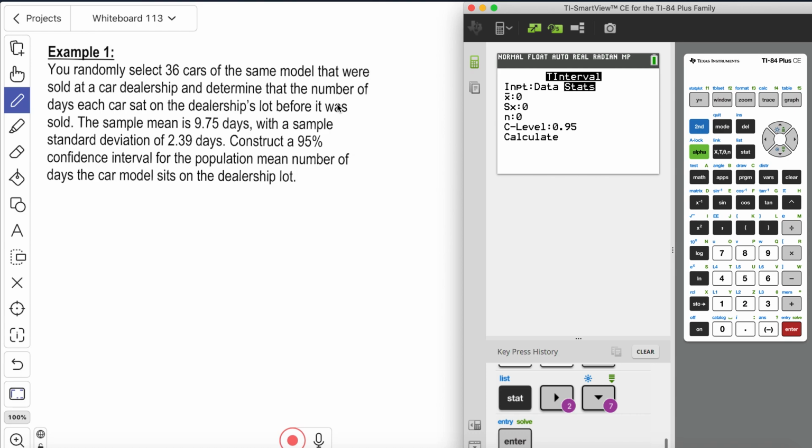So the first thing it's asking me for is, what is X bar? And I'm using the stats. Well, X bar is the sample mean, and it tells me that the sample mean is 9.75 days. And then it wants to know, what is S of X? Well, S of X is the sample standard deviation, and that's 2.39 days.